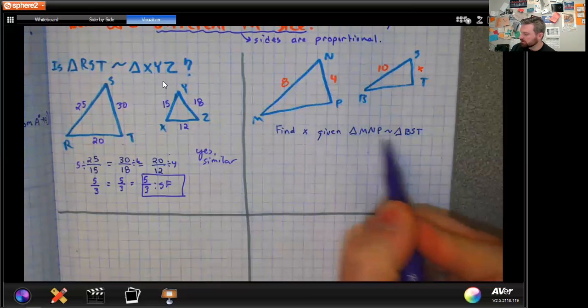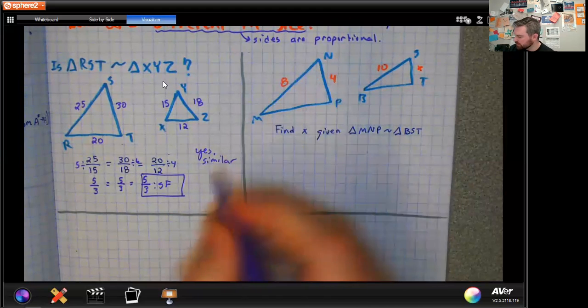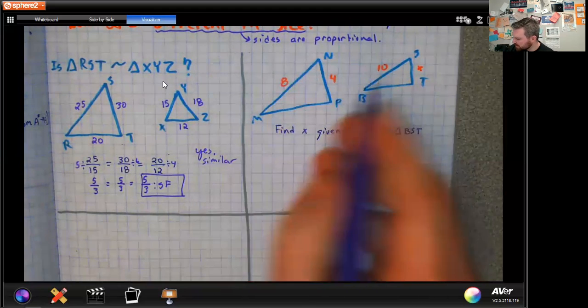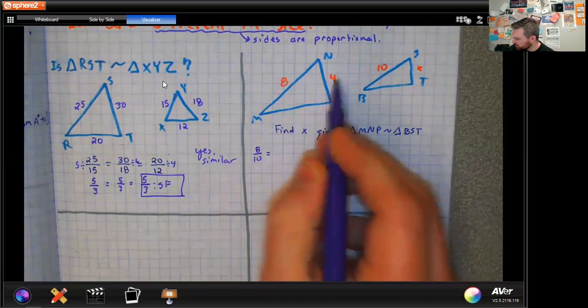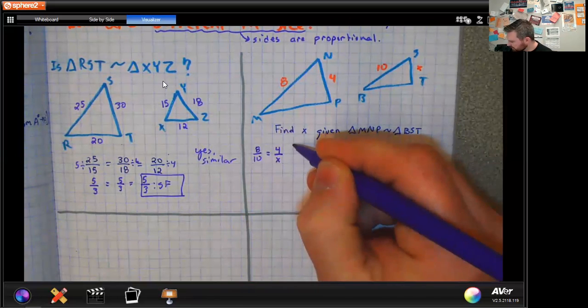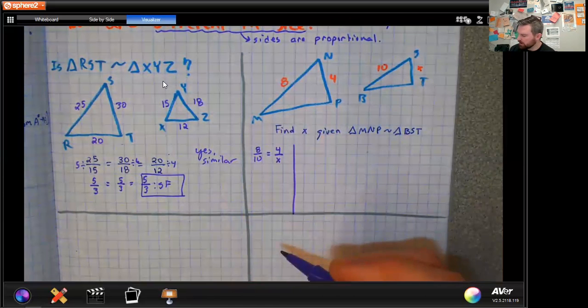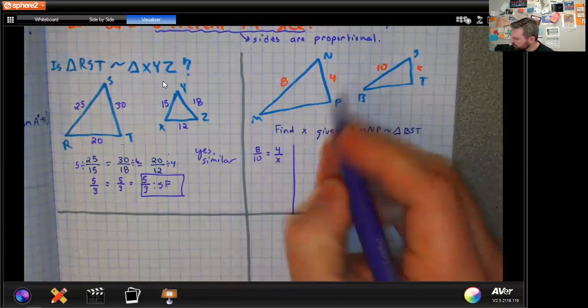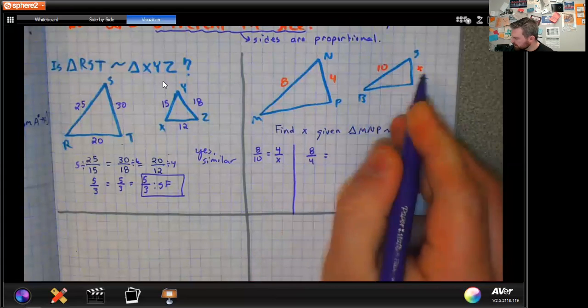Because they are similar, their sides are proportional. So we're going to set up some proportions. So I could say 8 over 10 equals 4 over X. That's one way I could do it. Another way, I might say 8 over 4 equals 10 over X.